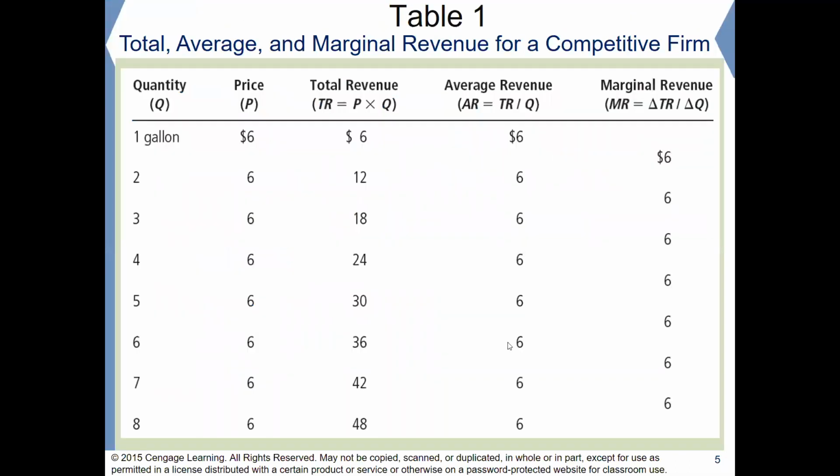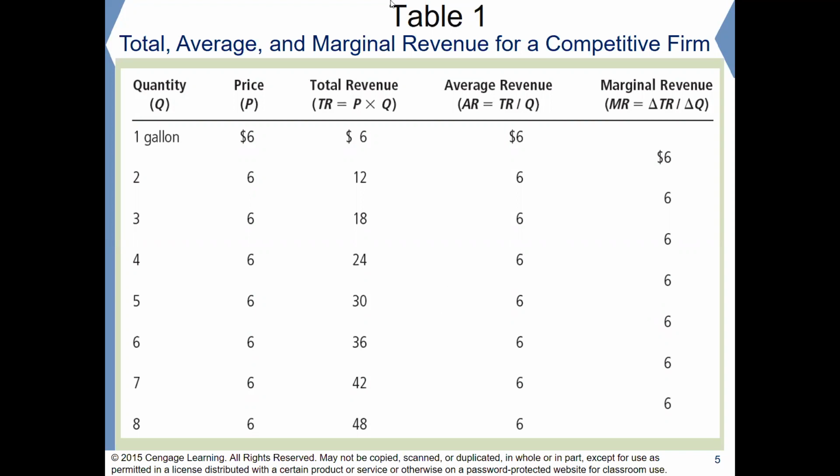So here we are given a table where we have the quantity of gallons produced and the price for each, which is $6, total revenue, average revenue, and the marginal revenue.